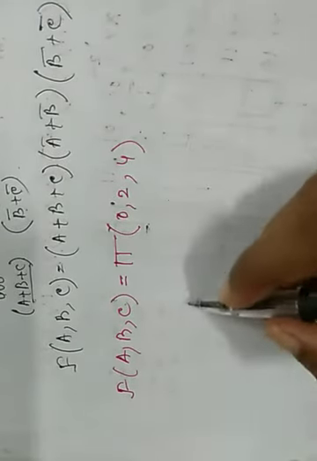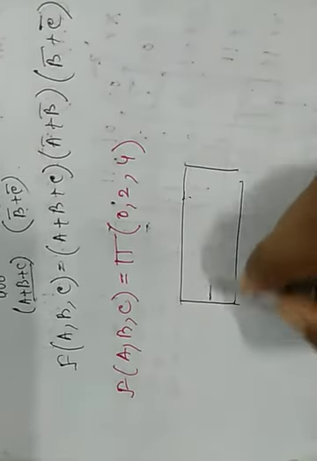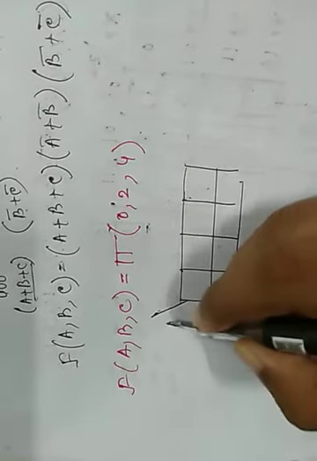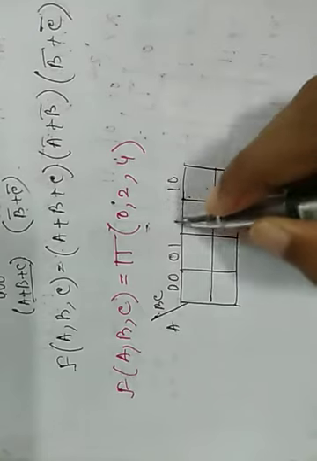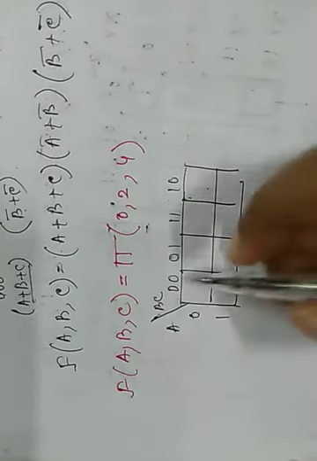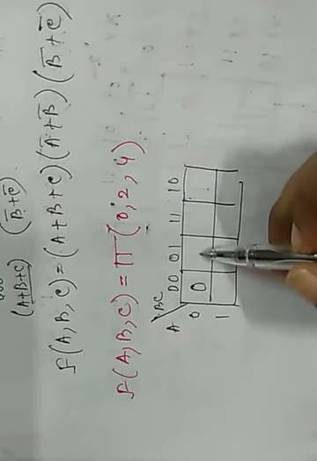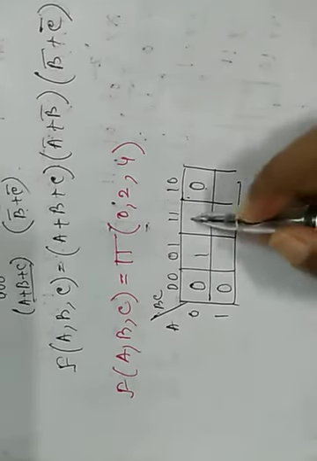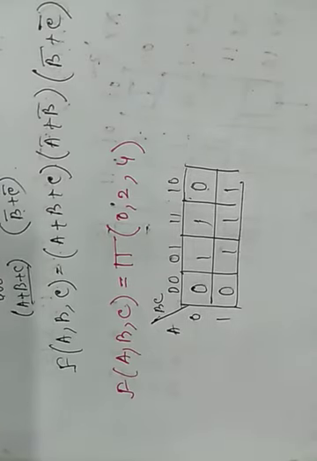Okay, so 0 to 4 means 0, 1, 2, 3, 4. Others are 1. Okay, so we have to make combinations of 0.